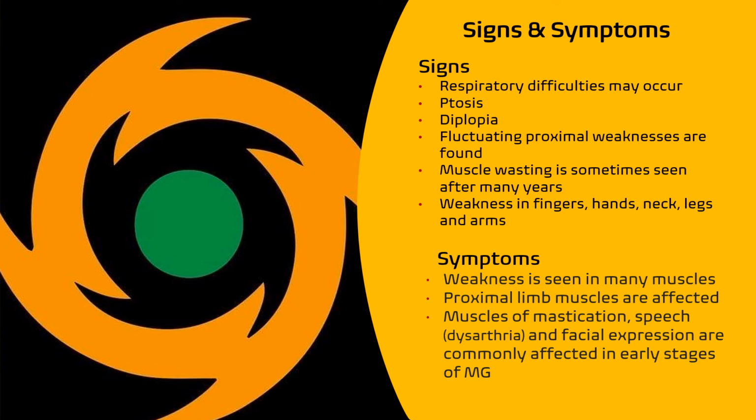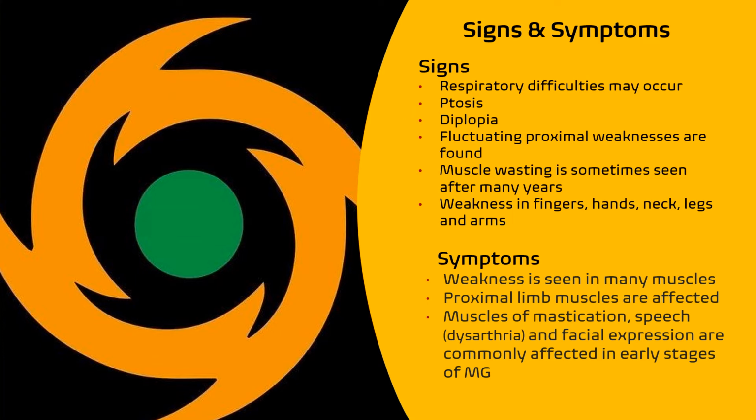Some of the signs and symptoms: there can be respiratory difficulties that may occur. There can be ptosis, there can be diplopia, there can be fluctuating proximal weaknesses that can be identified. There can be muscle wasting, which is sometimes seen in myasthenia patients after several years, and there can be weakness in fingers, hands, neck, legs, and arms.